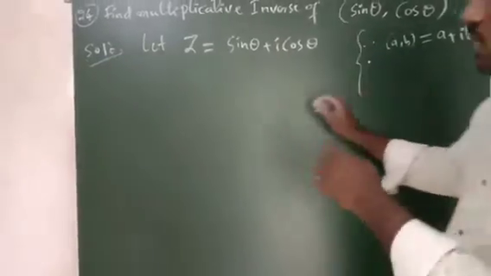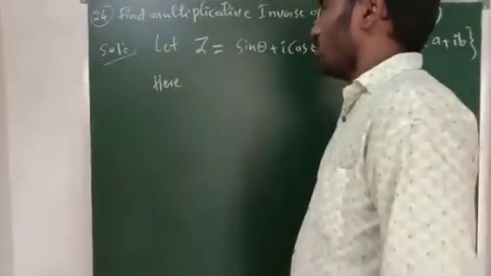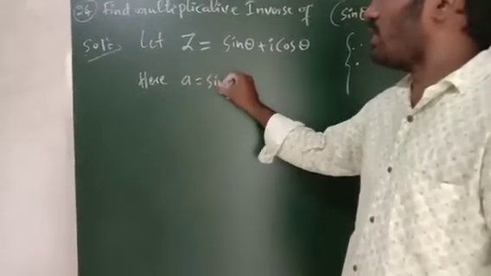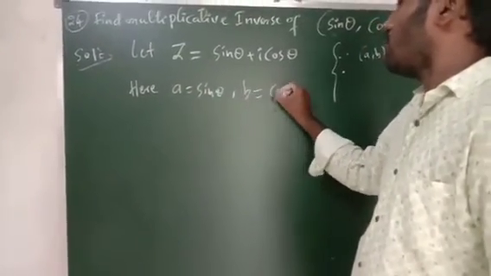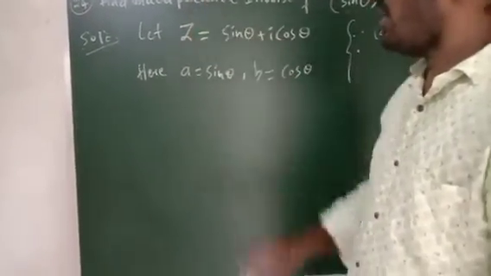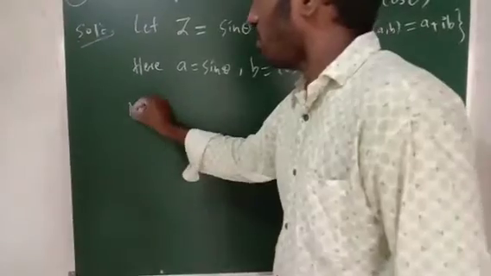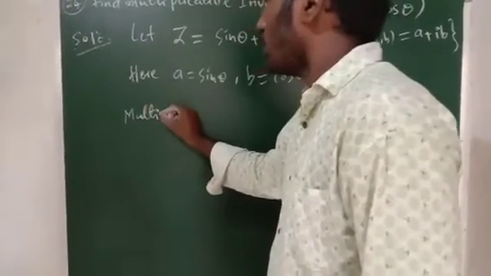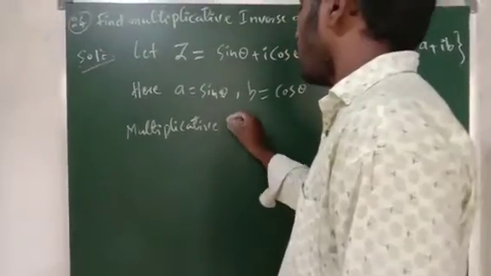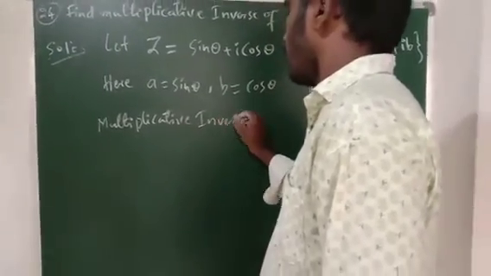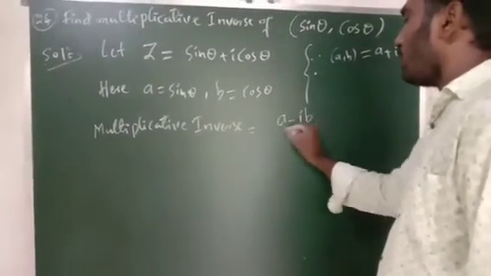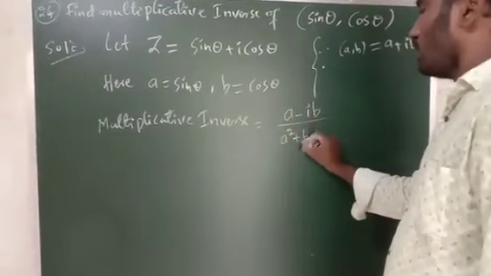Now check here the values for a and b. So a equals sin theta and b equals cos theta here. Now we are going to find the multiplicative inverse. So the formula is multiplicative inverse equals (a minus ib) by (a square plus b square).